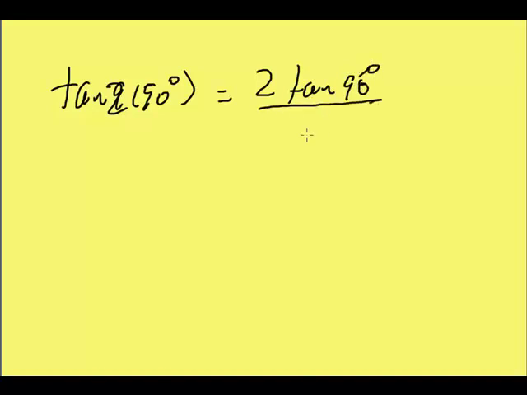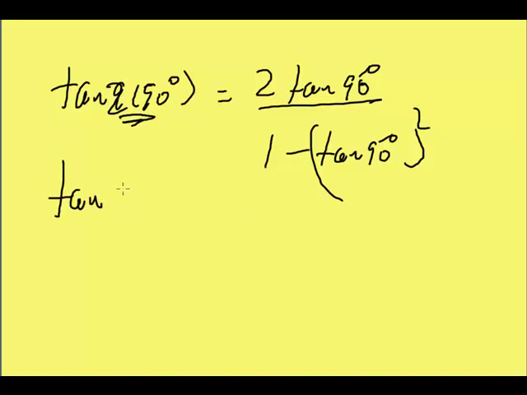Tan of 2 times 90 degrees is equal to 2 tangent of 90 degrees over 1 minus tan of 90 degrees squared, and then see if you get the same answer on the right hand side. Yes, you can do it without a calculator. You can use a scientific calculator.